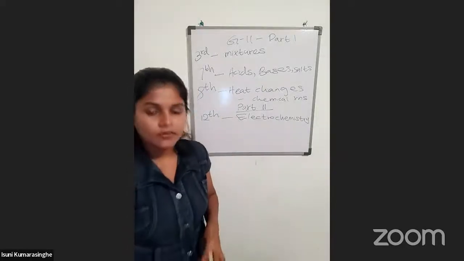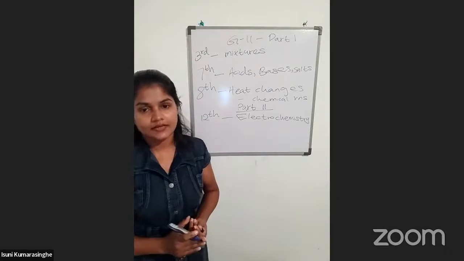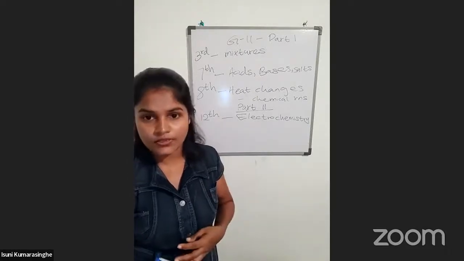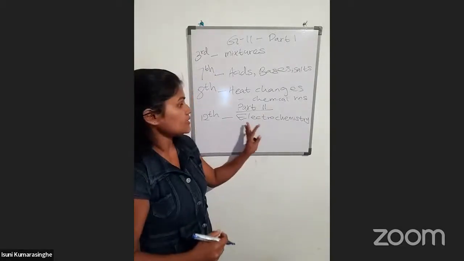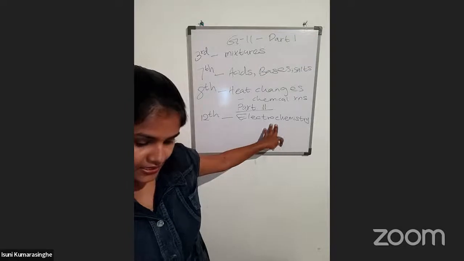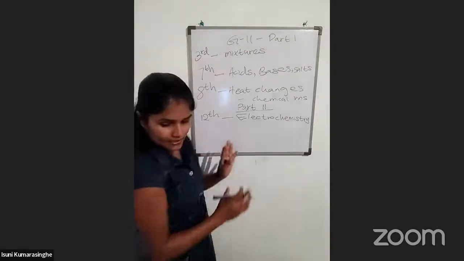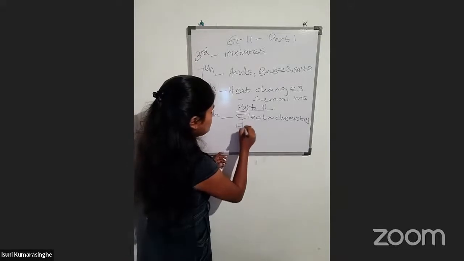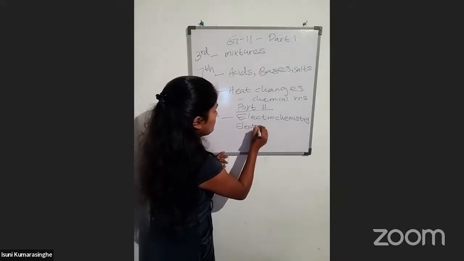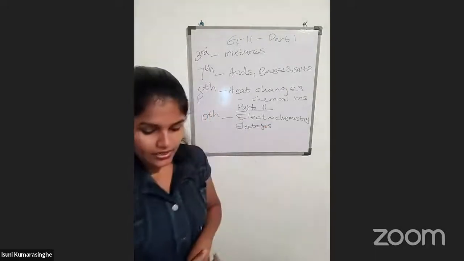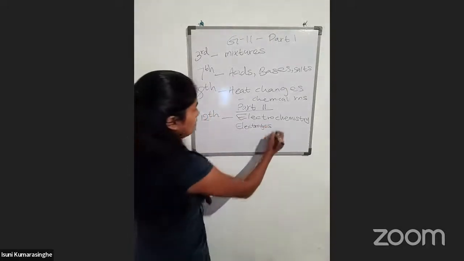That means electrochemical cells like galvanic cells or the normal batteries you use, and I will cover all those things with the electrochemistry part. Electrolysis will also be covered under this one. Electrolysis and corrosion.